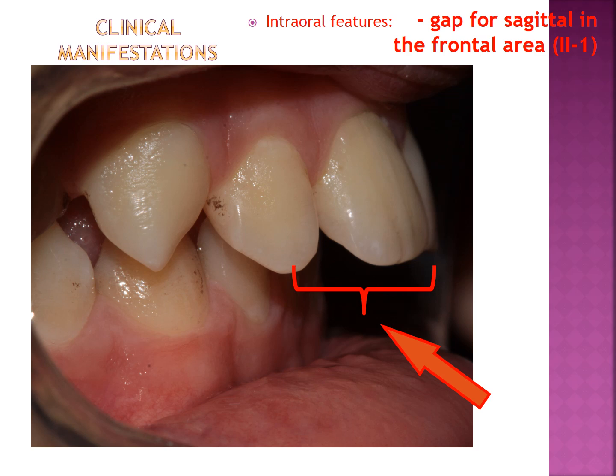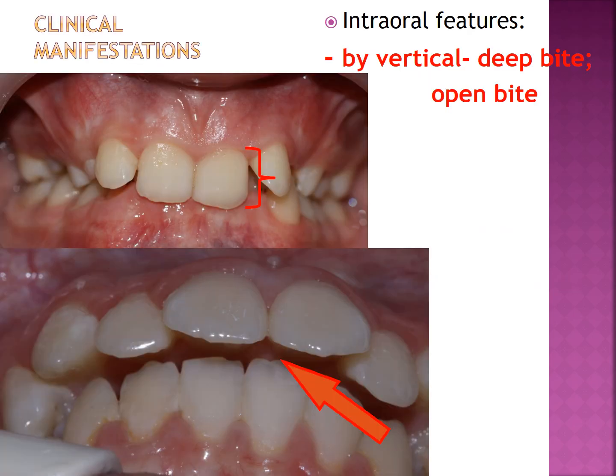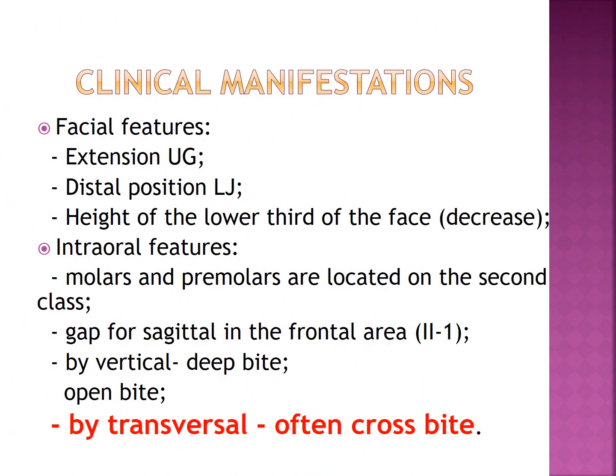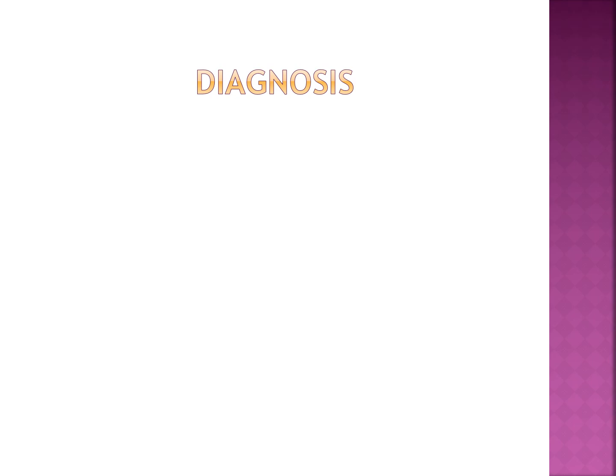In a real patient, gap sagittally in the frontal area in case of 2-1 diagnosis. Vertically we can observe deep bite or open bite. And transversally, very often we can observe cross bite.